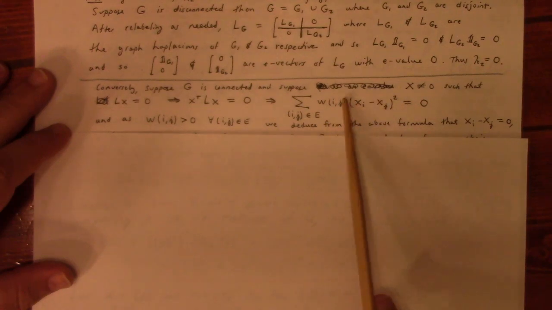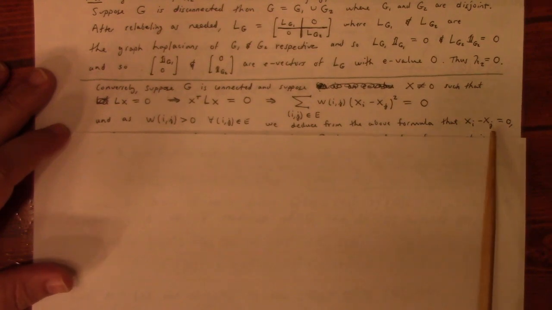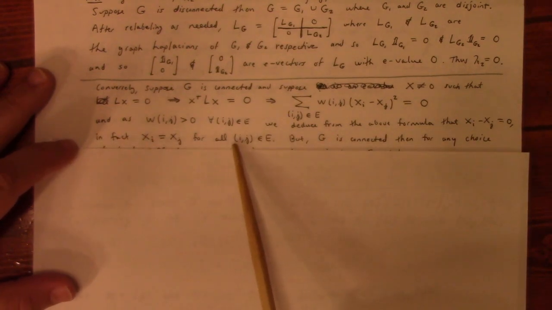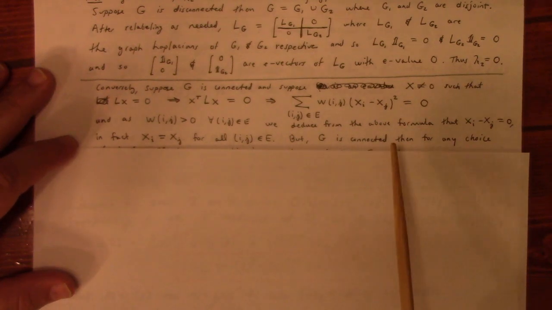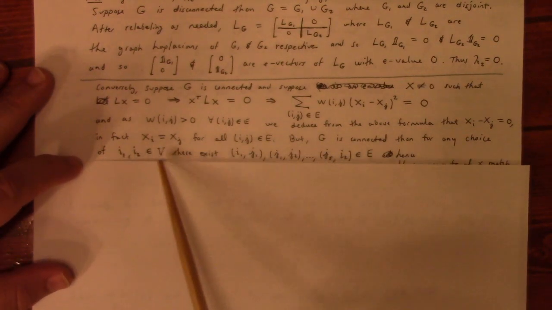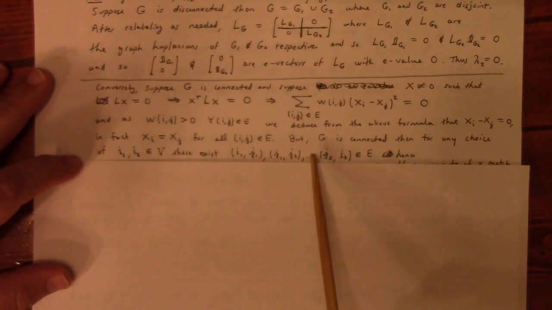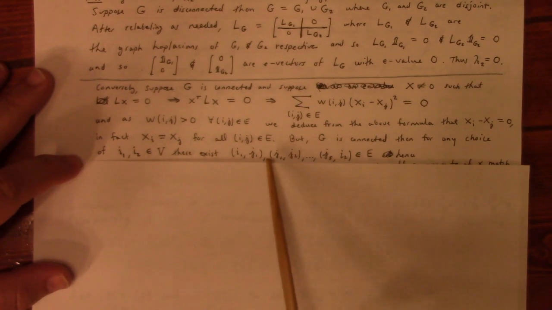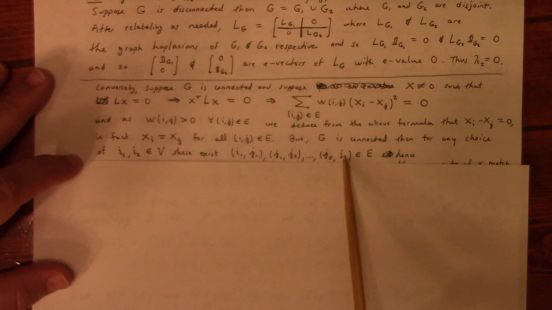Well, it must be that these are 0, which forces xi to equal xj for all i and j in the edge set. All right? So, suppose you have any choice of i1 and i2 in the vertex set. Then because G is connected, there exists a sequence of edges connecting these vertices, which is in the edge set, going from i1 to i2.